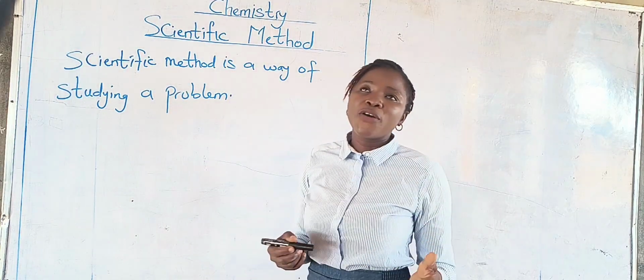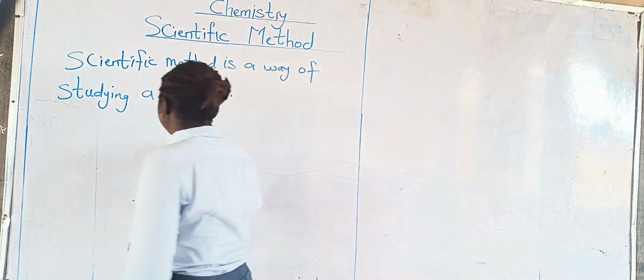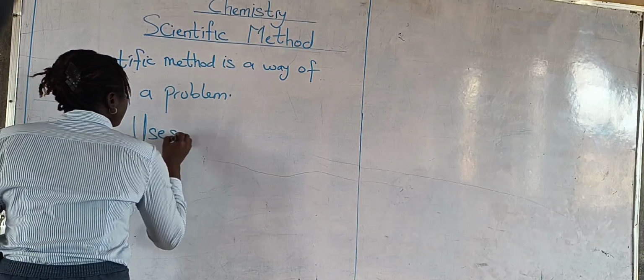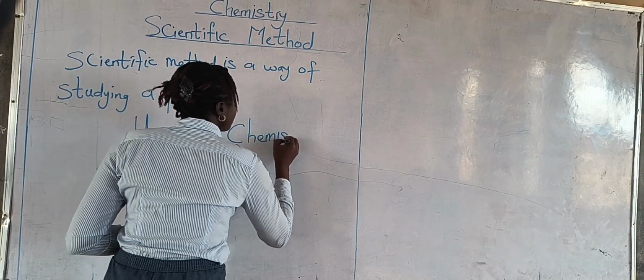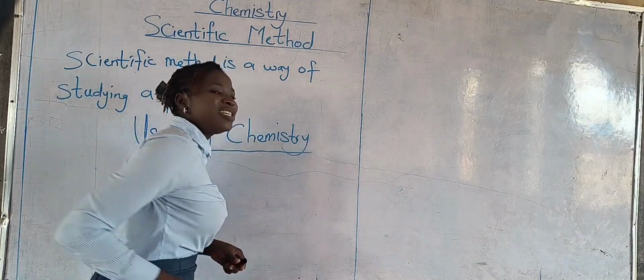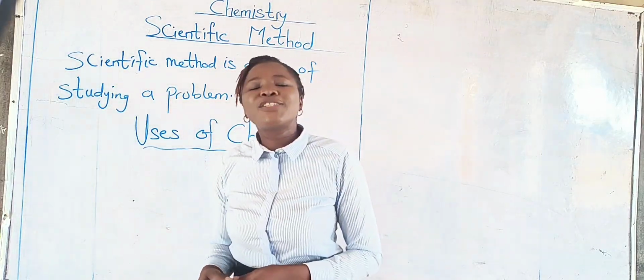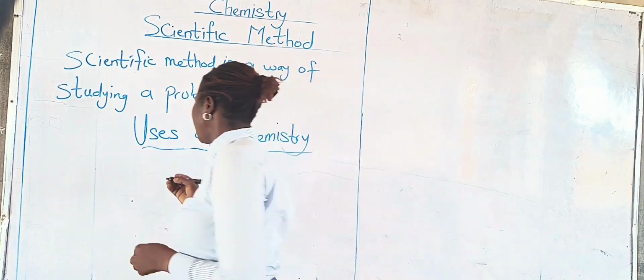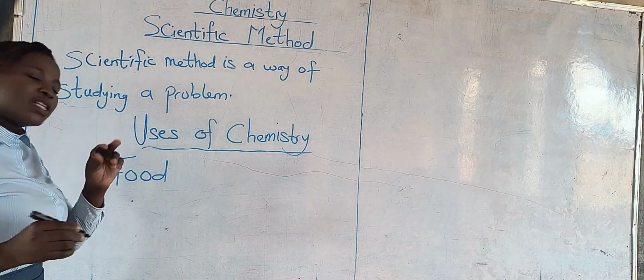Before moving to the adverse effects of chemistry, let's go to the uses of chemistry. Chemistry is very good. The first use of chemistry I will talk about is food. Number 2 is clothing.